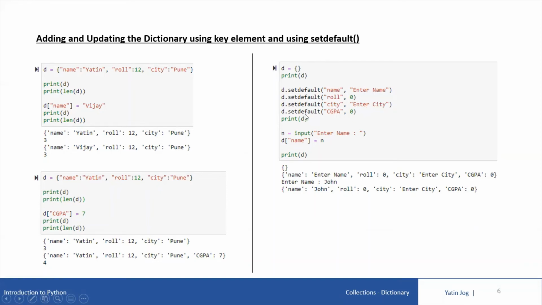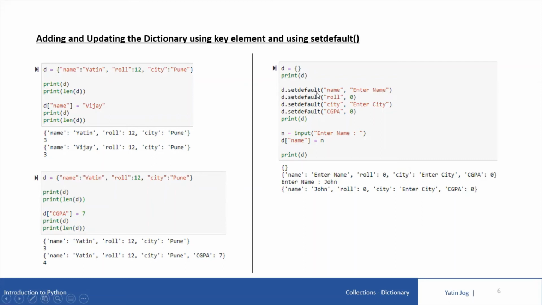And D dot setdefault "CGPA", comma 0. So if I say print D, I'm trying to create a dictionary D with all these keys, name, role, city, and CGPA, with their default values as my second parameter. So in case of setdefault, always remember we have the key as the first argument and its default value as the second argument.